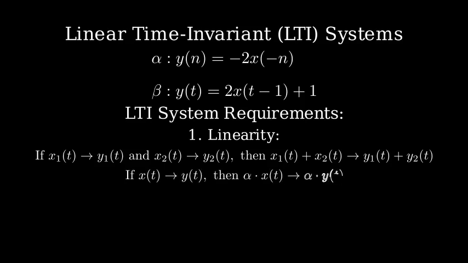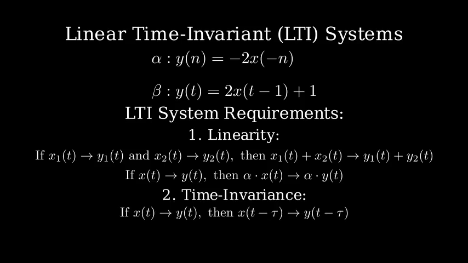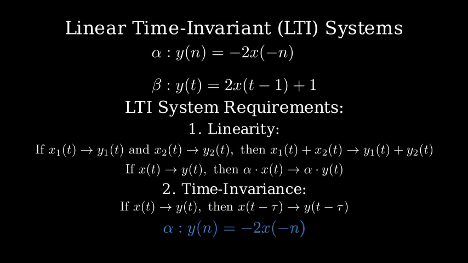Homogeneity means that if input x produces output y, then the input alpha times x must produce the output alpha times y, where alpha is any constant. For time invariance, if we shift the input in time, the output should also shift by the same amount, with no other changes.